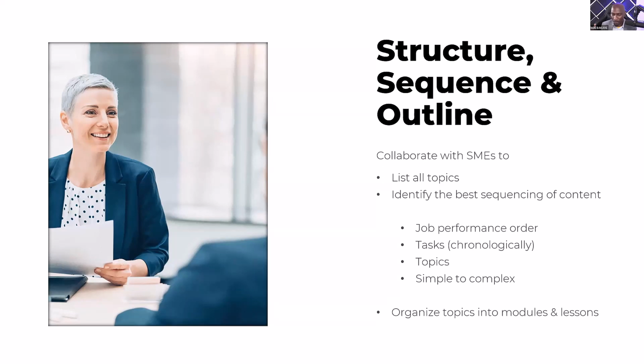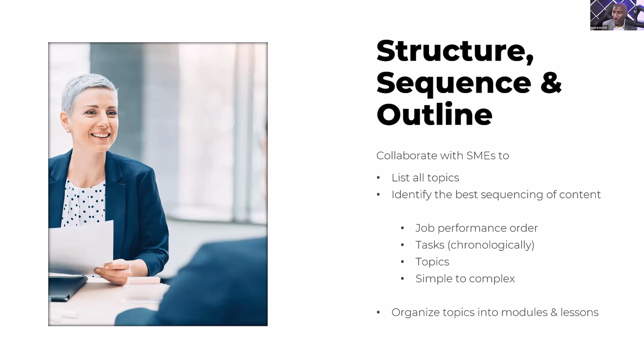So in working with your SMEs, you need to identify all of those topics, and then you want to identify the best approach to sequencing the content. For some courses, it's best to sequence the topics in the order of how the job actually flows.